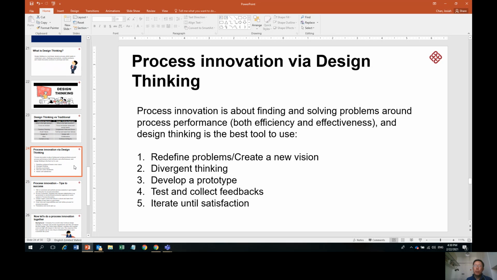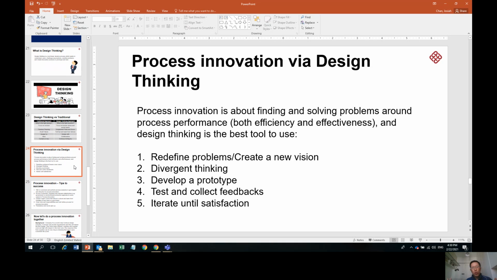You may try to improve the process, thinking the customer may want this, but before you're certain what you're going to do is right, you should always check with your end customers what they think are the real problems, what the real pain points are. From that, you will be able to see the problem from the customer's perspective, and then redefine the problems and create new versions for that.